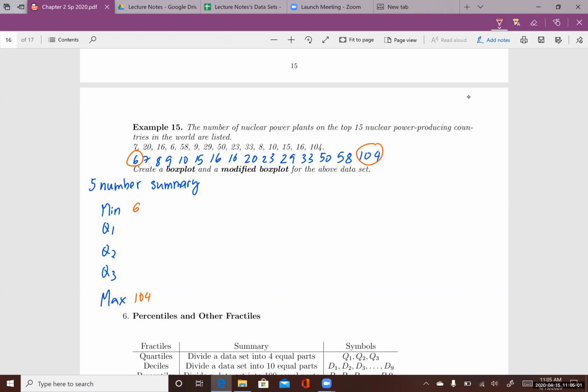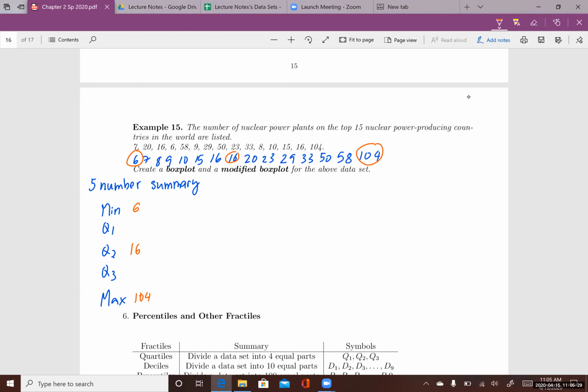Now there are 15 data points. So Q2 will be the median, the 8th data point, because it's 15. So 1, 2, 3, 4, 5, 6, 7, 8. So Q2 will be 16. And then Q1 will be the median of the data set on the left side of the median.